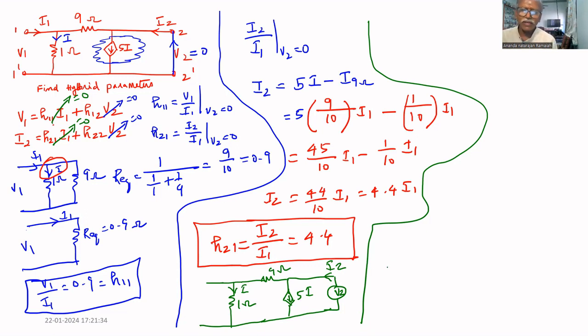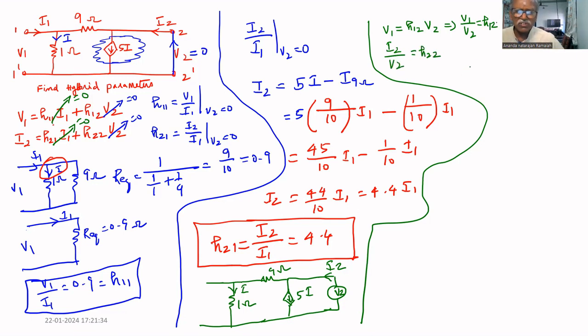Now we have to find what is required. If I1 equal to 0, the equation becomes V1 equal to H12 V2, which implies V1 by V2 equal to H12, and we get I2 divided by V2 equal to H22.